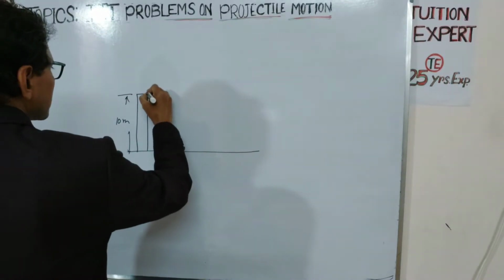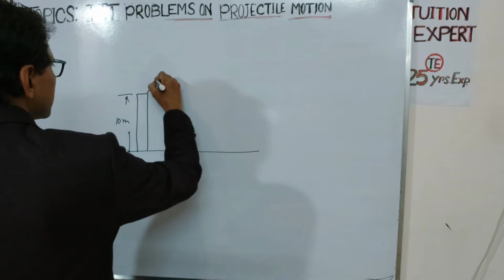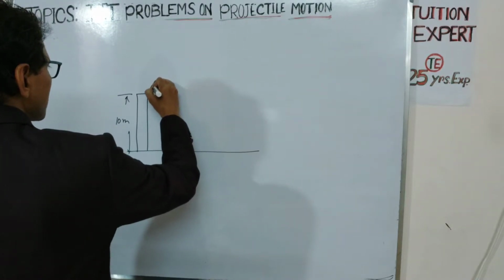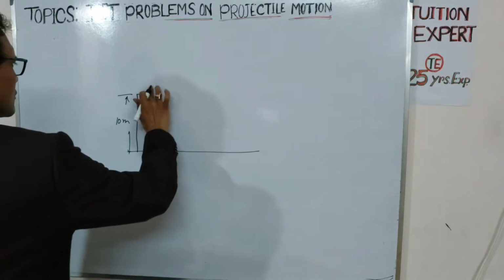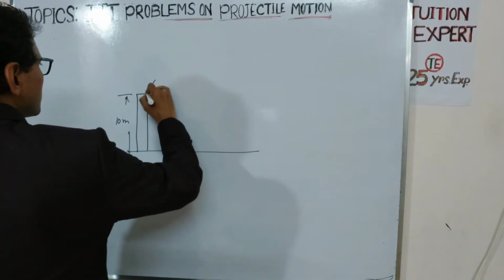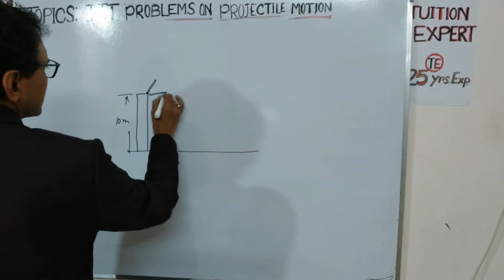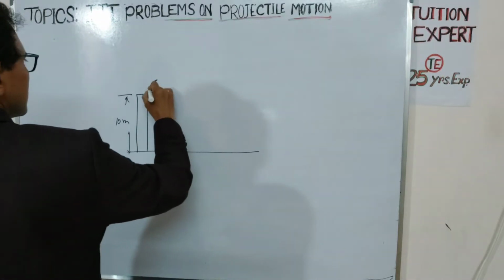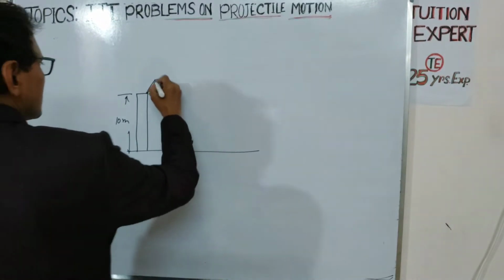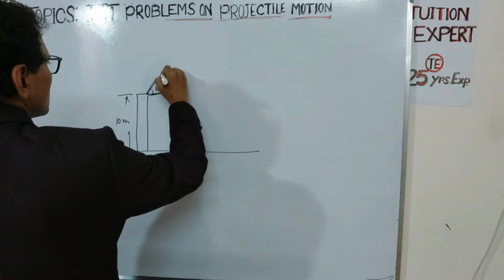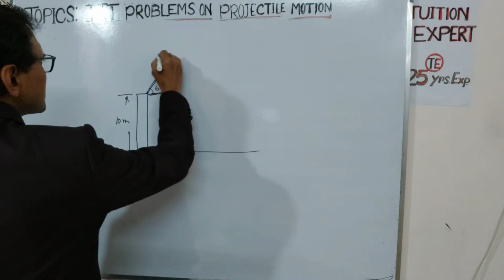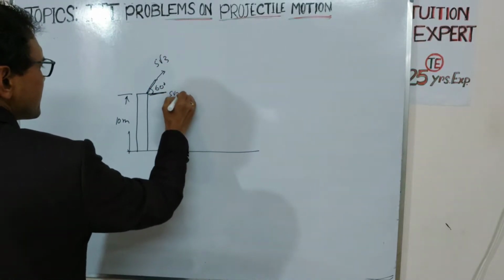One gun is like this. Suppose this is one gun, and this is another gun. This angle is 60 degree, and the two velocities are the same, 5√3.